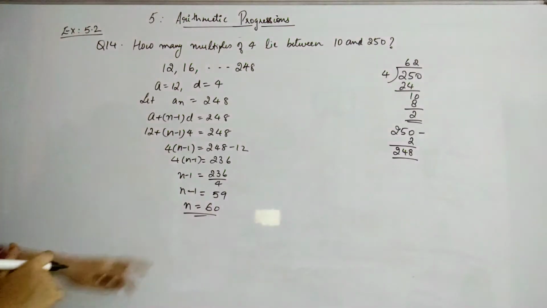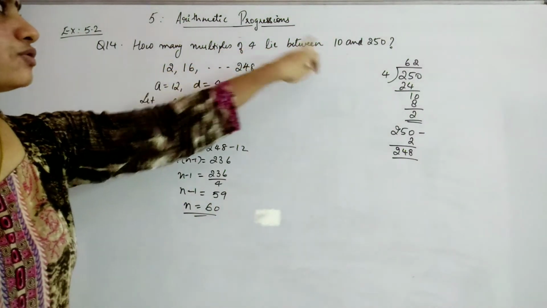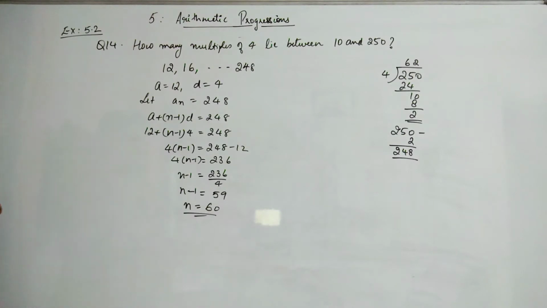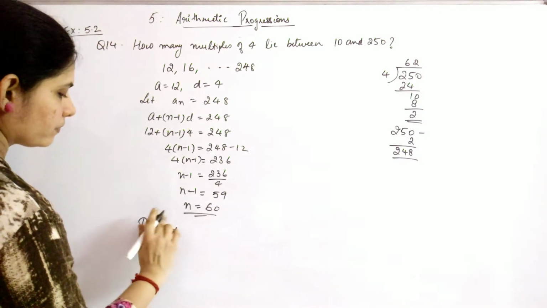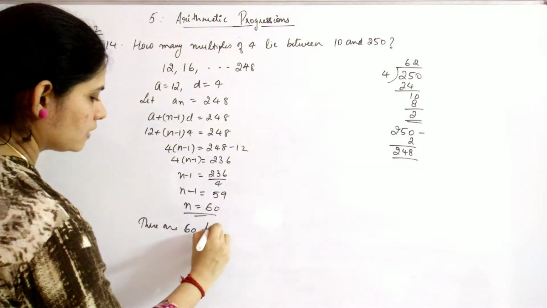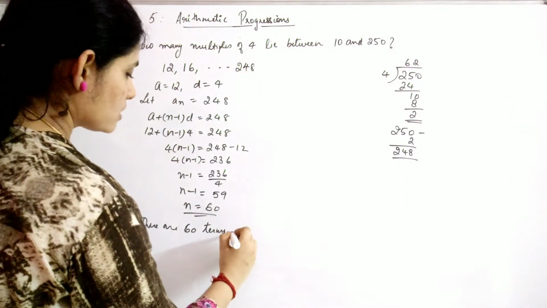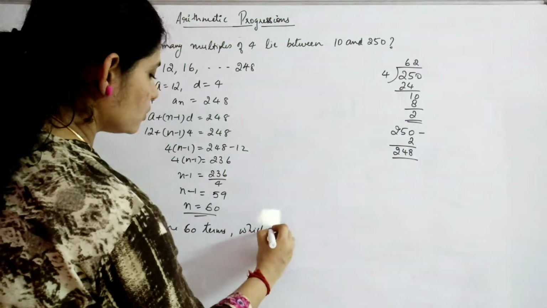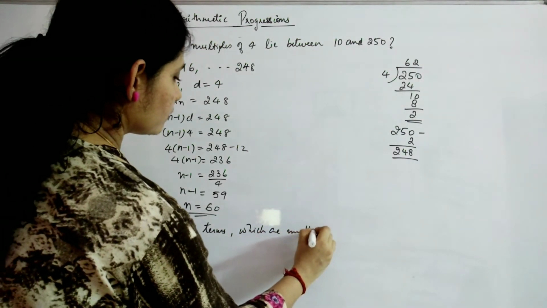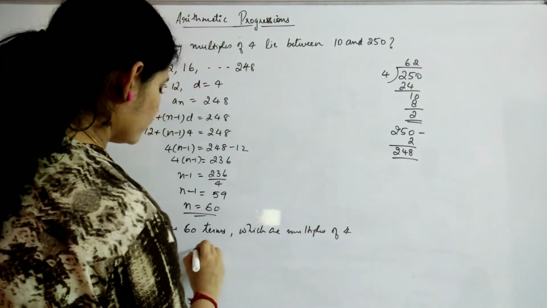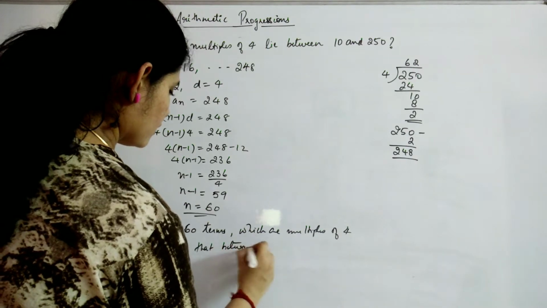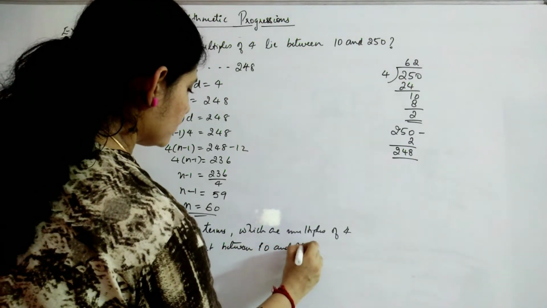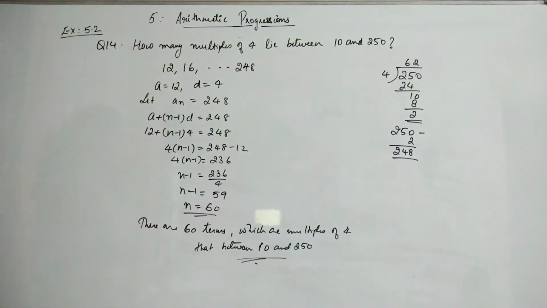So there are 60 terms which are multiples of 4 lying between 10 and 250.